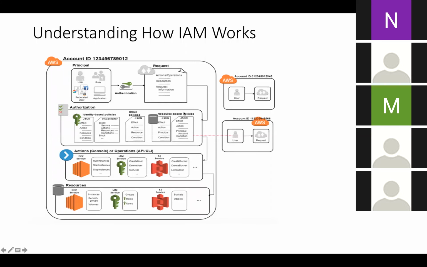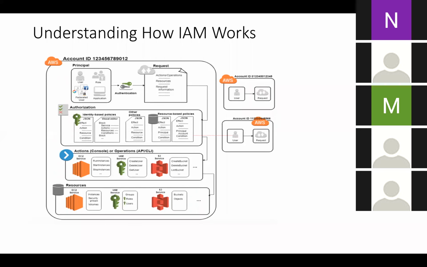Once you are there, that's where things get interesting. This is where you have to define policies, and there are multiple policies. One is your identity-based policies, which are on your user. The other is your resource-based policy, which is on your resource. Resources are like EC2, S3, and there are 170 plus resources.